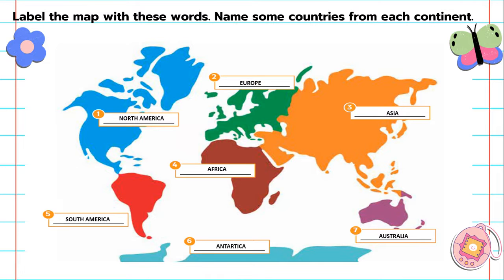By right, we are going to break this Australia into three countries that are officially part of Australia. Firstly, of course Australia as a country, New Zealand, and Papua New Guinea. If you want to know further, you can simply Google and learn about each continent here.